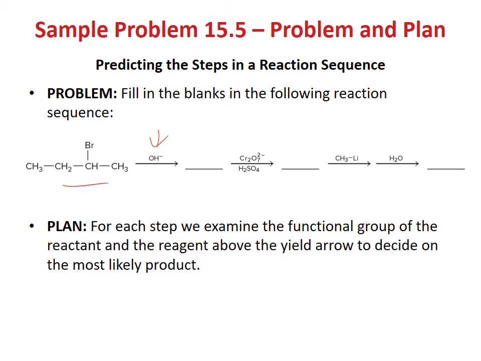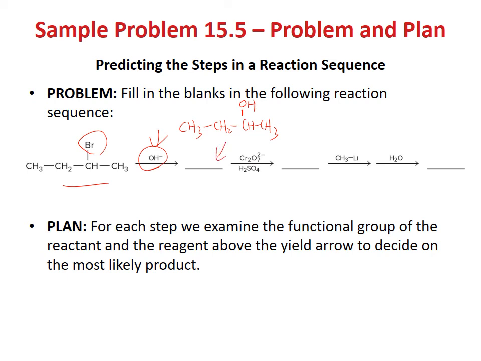So the reaction is most likely a substitution reaction. The hydroxide replaces bromine. So you copy everything else, but replace bromine. Bromine becomes alcohol, so hydroxide. So that should be this one.